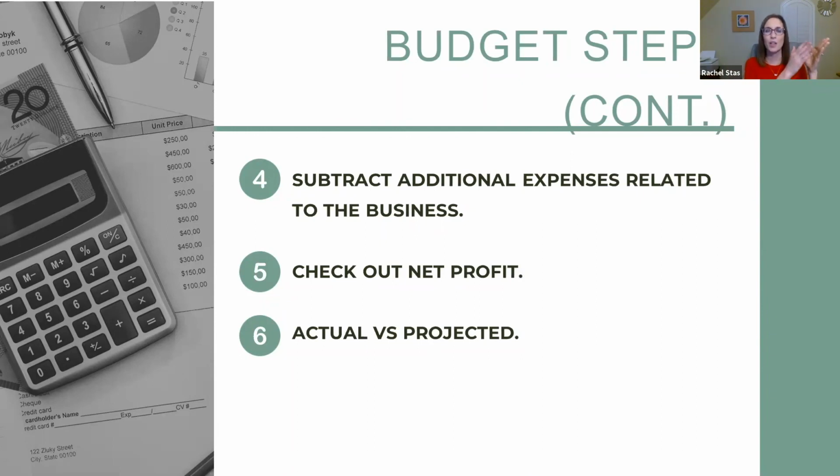So that's why you want to go more than just 1 month, and I highly recommend doing at least a quarter at a time, because there's usually one good month a quarter and one not so good month a quarter, and it helps even it out as you're going. But then you want to check that projected budget against the actual numbers when you're doing your bookkeeping, and recognize what's going on. What did you underestimate or overestimate?